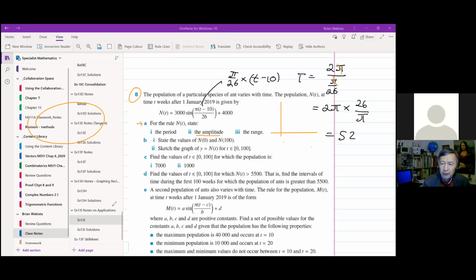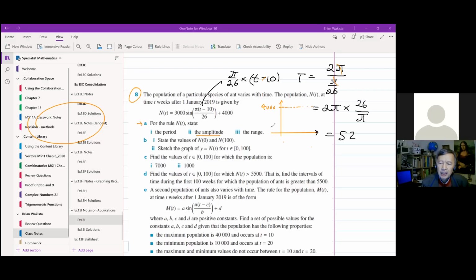So if you draw this 4,000 here, see, this is 4,000. They say the magnitude is 3,000.